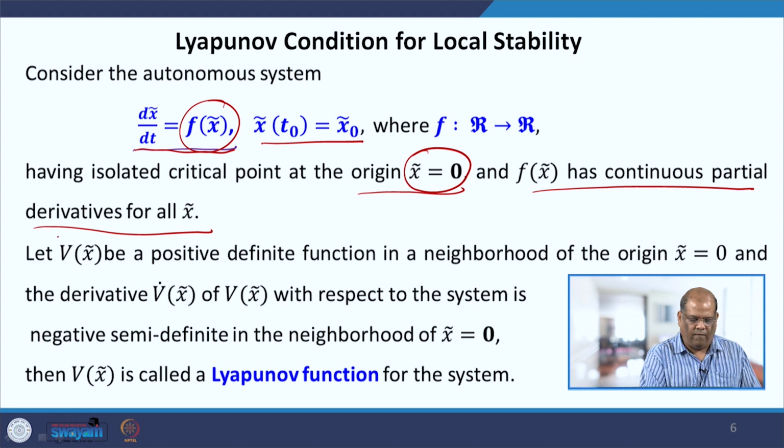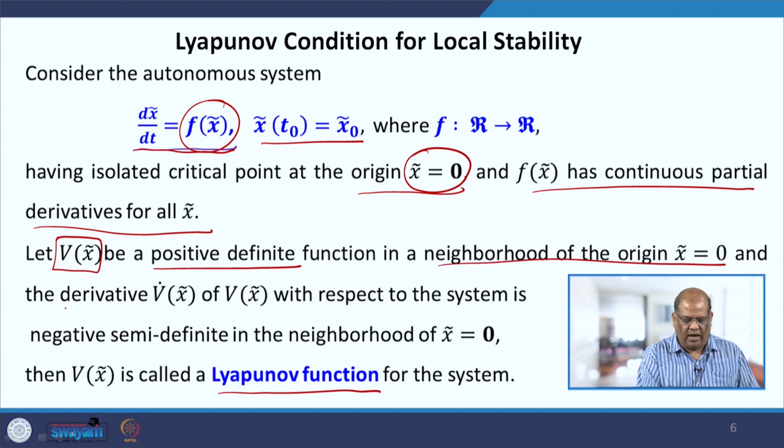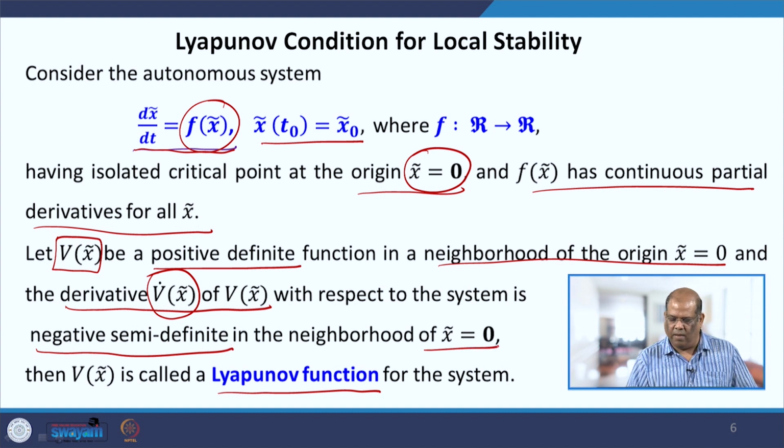Then he defined a function V(x), which he called the Lyapunov function, and this function must be positive definite in the neighborhood of the origin, and the derivative of this function, V dot of x, with respect to this system must be negative semi-definite in the neighborhood of x equal to 0. If you get such a function, then this V is called the Lyapunov function of the system.